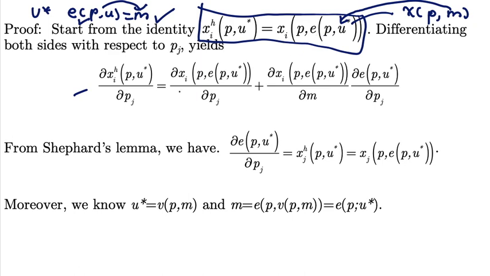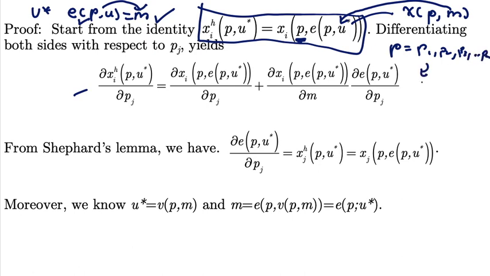Let's go back to this because we haven't finished differentiating the right-hand side. Remember, we need to differentiate both sides with respect to Pj. This is vector P, in which you have P1, P2, P3 until Pn.